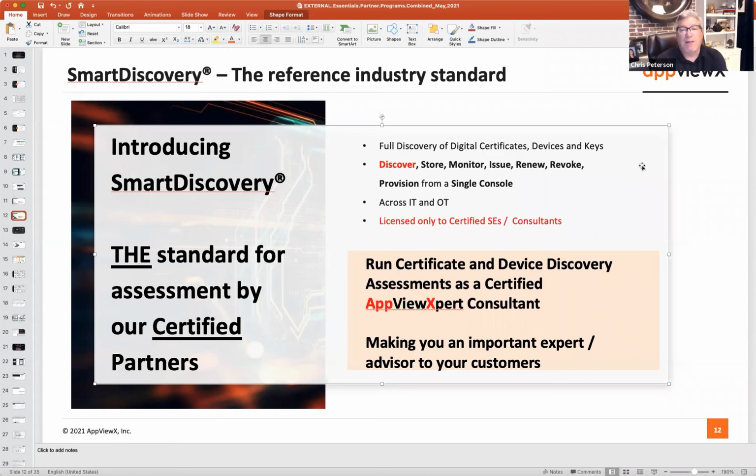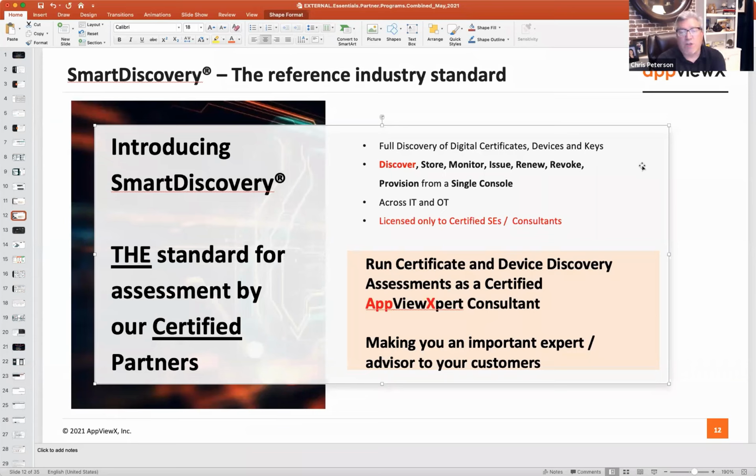Again, it's licensed to our partners, but only those partners that have a certified SE or consultant that's capable of demoing the CERT Plus product, running the Smart Discovery tool, and of course, running a POC when we get to that point with any particular customer.